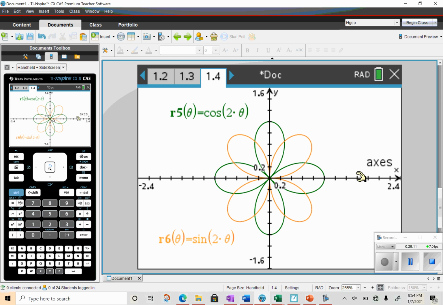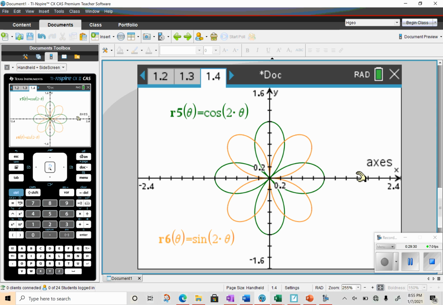Now I'm going to have to zoom in a little bit here. So you notice the differences here. The cosine function appears to be centered there on, again, the polar axis, pi over 2, and 3 pi over 2.